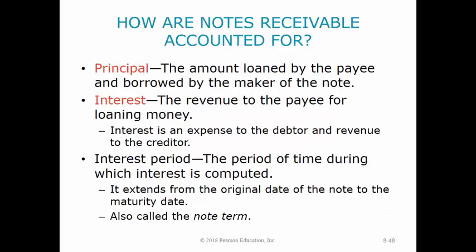The creditor is the company that loans the money. Principal: the amount loaned by the payee and borrowed by the maker of the note. Interest: the revenue to the payee for loaning money. Interest is an expense to the debtor and revenue to the creditor. Interest period: the period of time during which interest is computed. It extends from the original date of the note to the maturity date and is also called the note term.